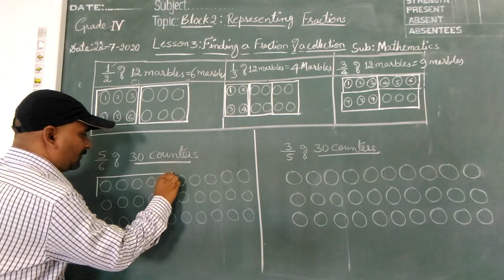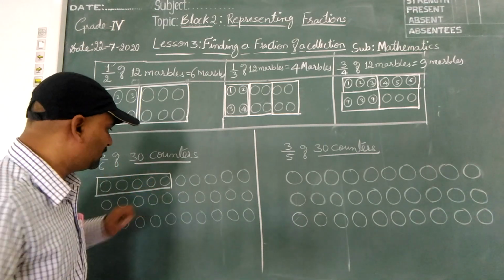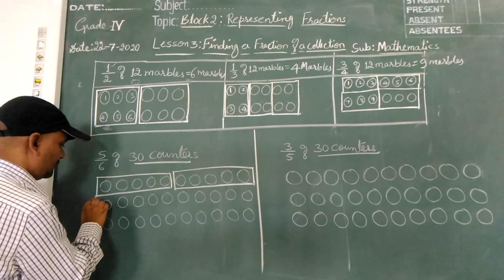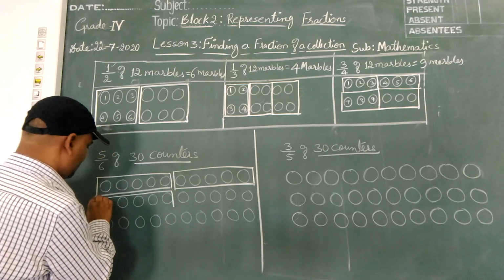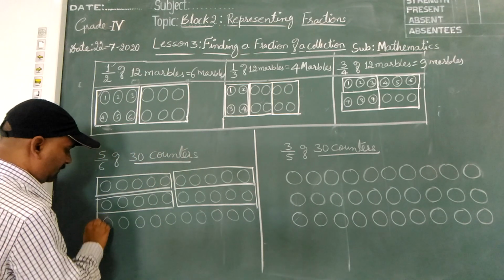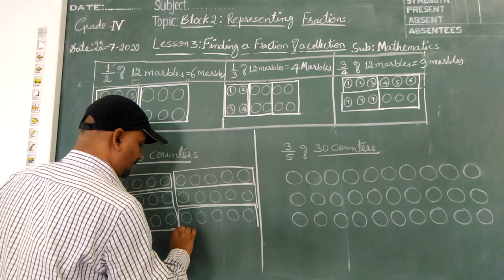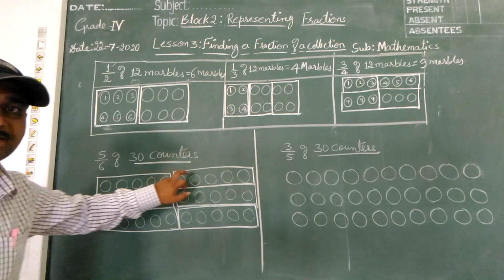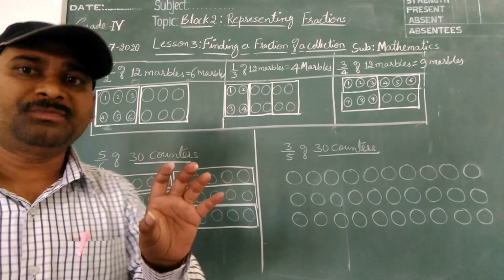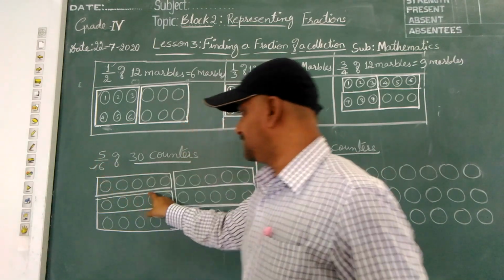See, 1 group of 5 marbles, 1 group, 2 groups, 3, 4, 5 and 6. See, you can see 6 groups. 1, 2, 3, 4, 5, 1, 2, 3, 4, 5. Each group 5 marble counters, like 6 groups.